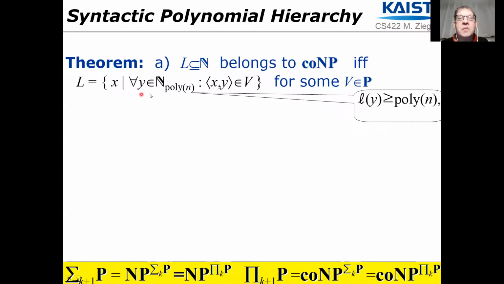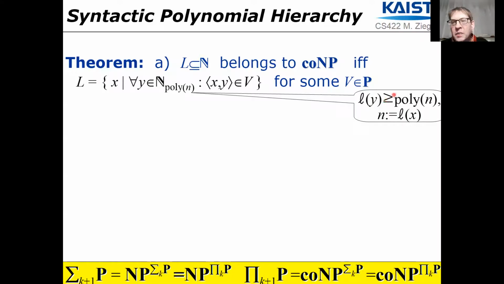So that we here have this syntactic characterization of co-NP, which easily follows with some logic, contraposition, De Morgan's law, and the syntactic conception of NP that we discussed long before. And here I'm going to introduce this kind of polynomial quantifier range, namely, should be less or equal: all natural numbers whose binary length is less or equal to n, where n denotes the binary length of x.